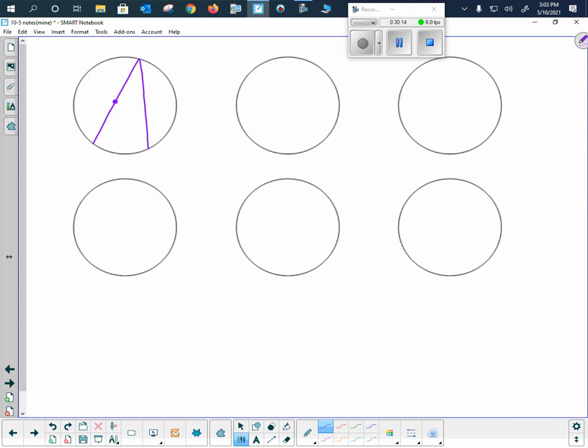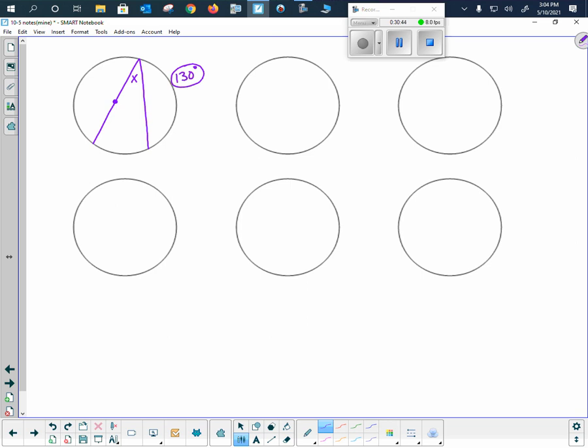I'll give you x here and 130 degrees here. Okay, so first of all, I see x as an angle with its vertex on the circle. Okay, angle with its vertex on the circle.